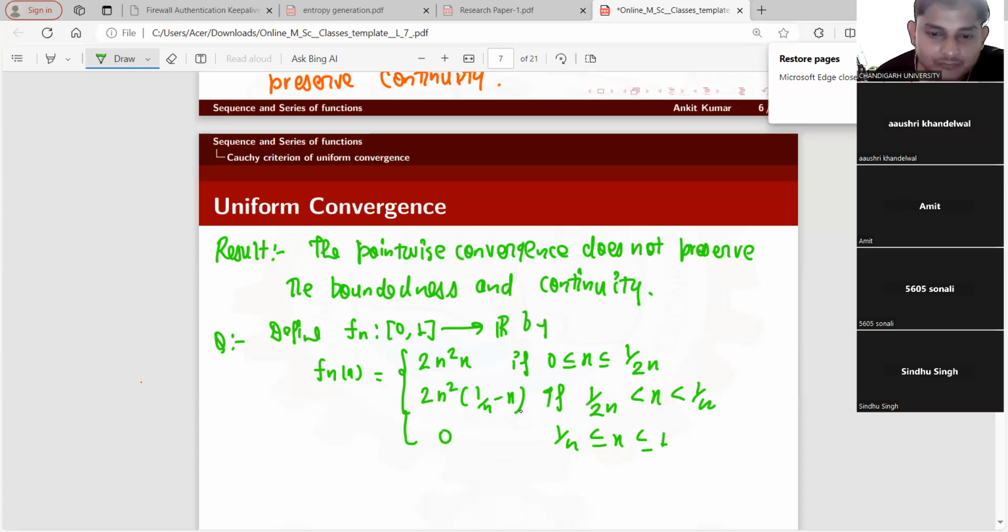Okay, now we solve this problem. If x lies between 0 and 1, then fn(x) is equal to 0 for all n greater than or equal to 1 by x.